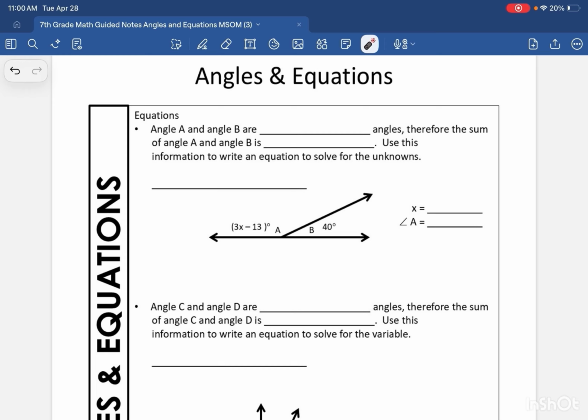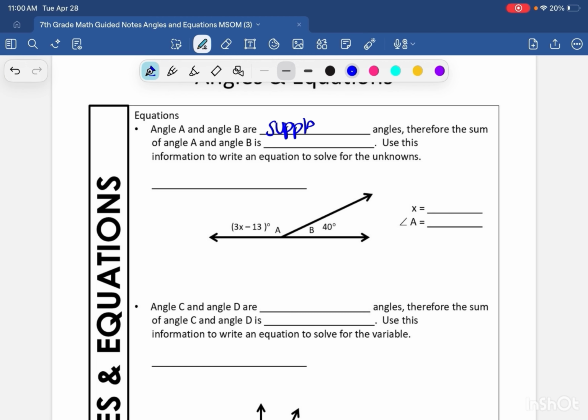All right, so it says angle A and angle B are blank angles. So what's the association here? Well, they form a line, so they must be supplementary angles. Therefore, the sum of angle A and angle B is 180 degrees. Use this information to write an equation and solve for the unknowns.